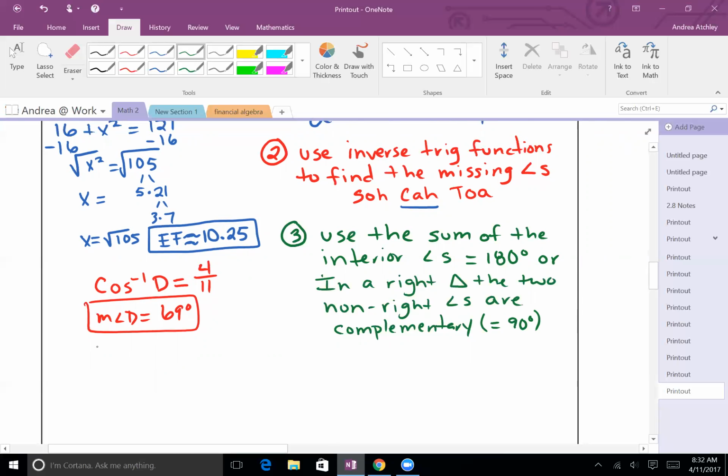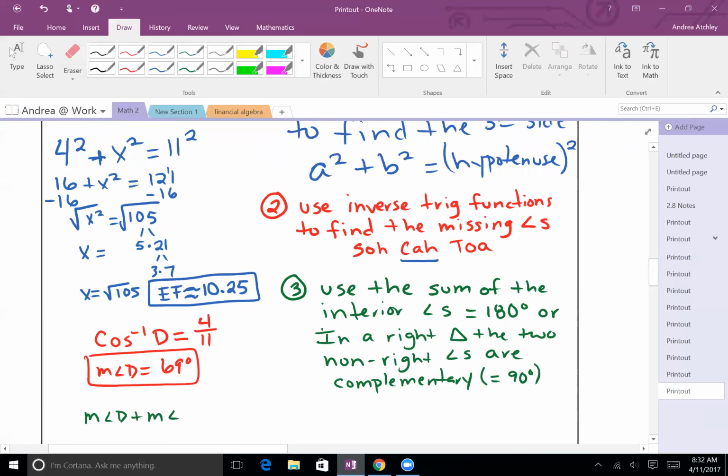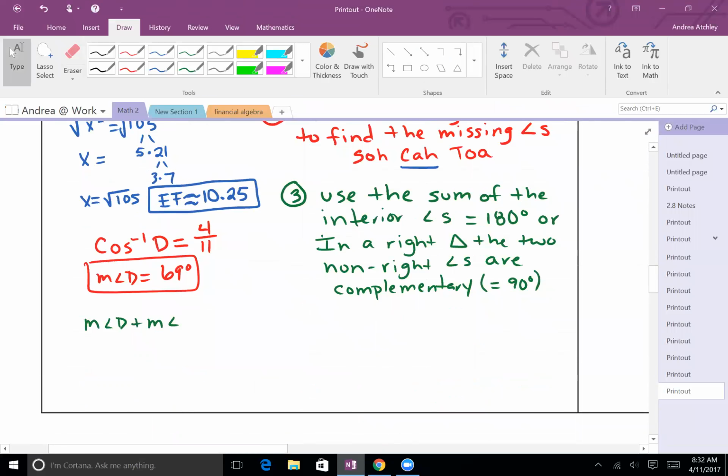So we're going to say the measure of angle D plus the measure of angle F equals 90 degrees. Any questions over that? So we have 69 plus the measure of angle F equals 90 degrees.